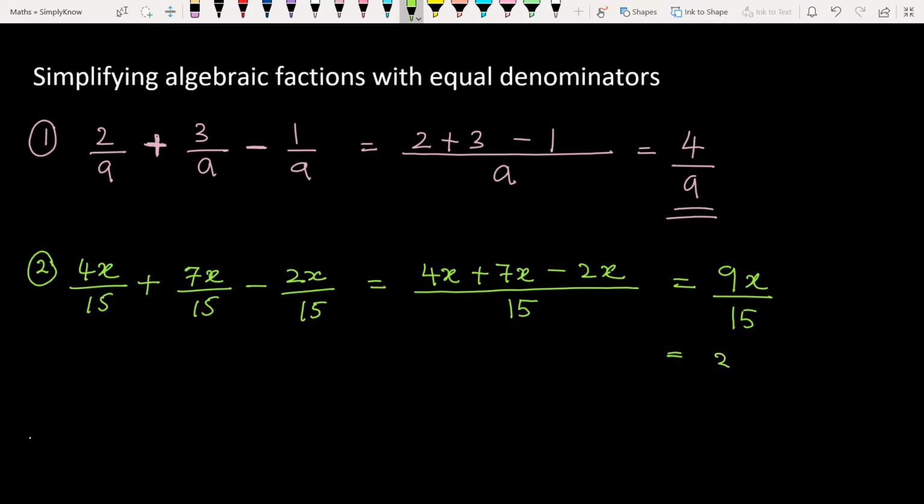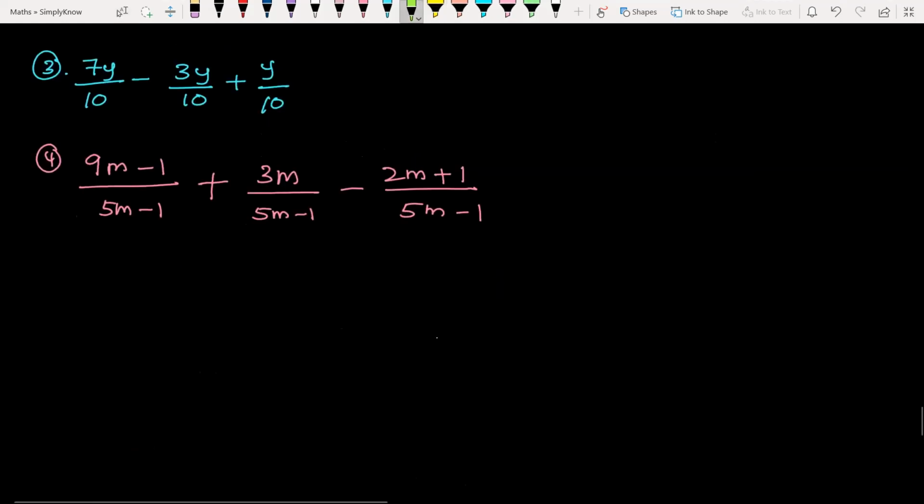We get 3x, and 15 divided by 3 is 5. So this is our answer. So make sure to keep your answer in its simplest form. But the previous answer, we cannot further simplify it because there is no common factor for both terms, both numerator and denominator.